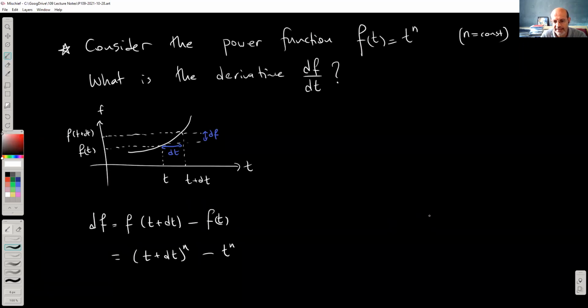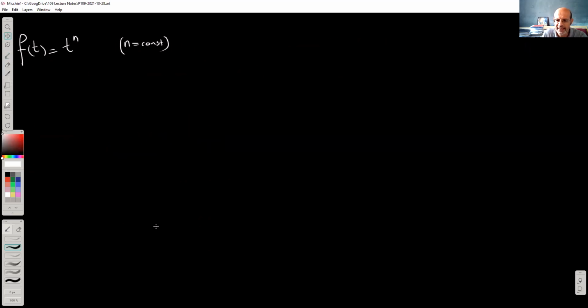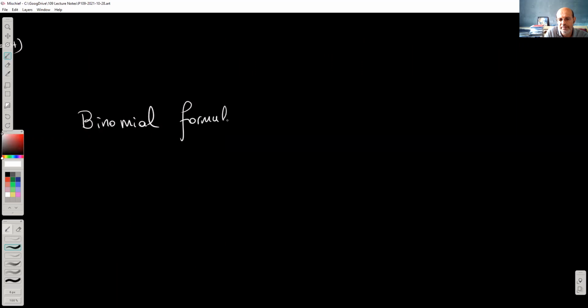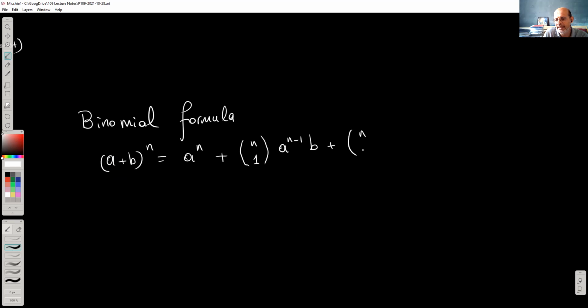However, I'm just going to write the binomial formula in here. Sorry about this. Binomial formula, let me write it down like that. (a + b) to the power n is a to the n plus the combination of n with 1 times a to the n minus 1 power b, plus n combination 2 times a to the n minus 2 b squared, and so on.